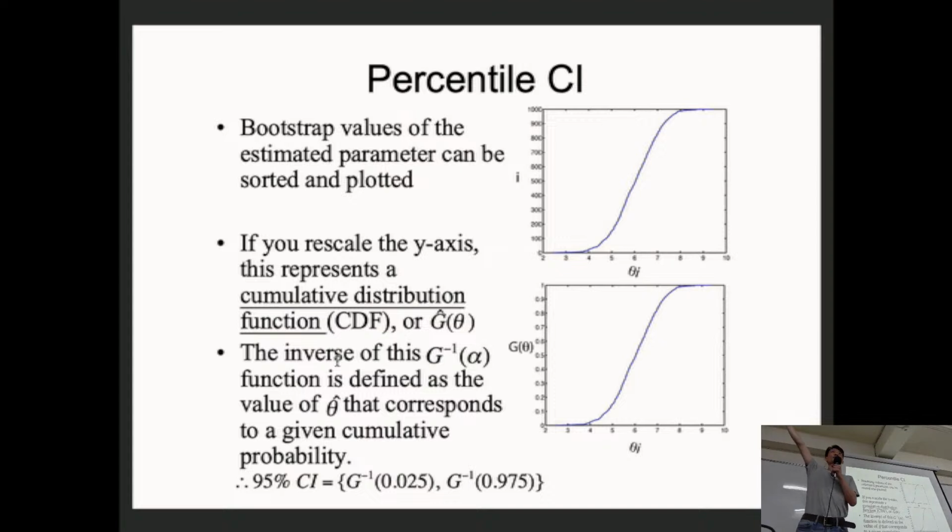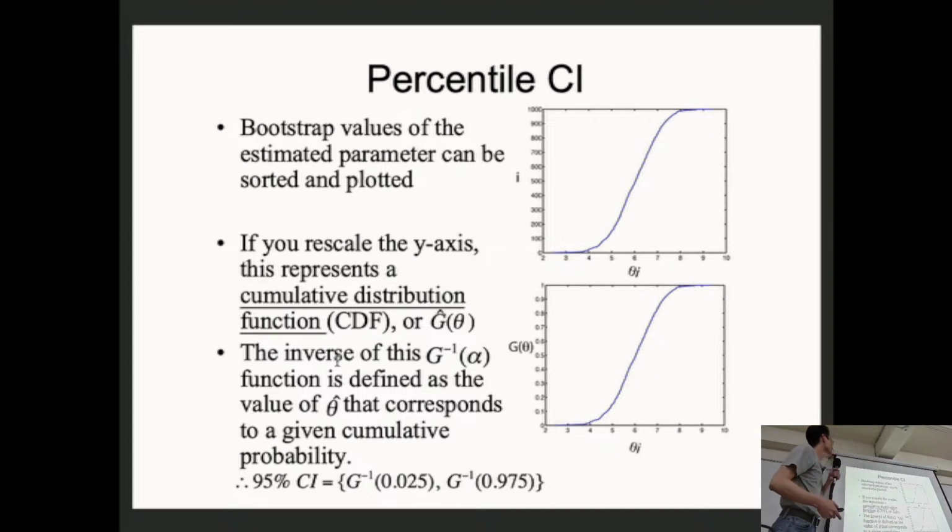For example, if you have 1000 theta hat, the lower bound is the 25th location, and the upper bound is the 975th location, because that covers the 95% confidence interval.